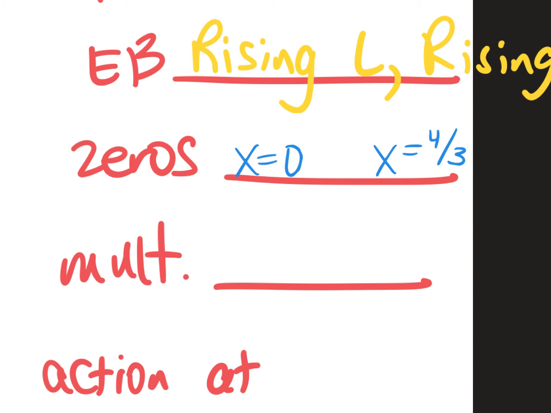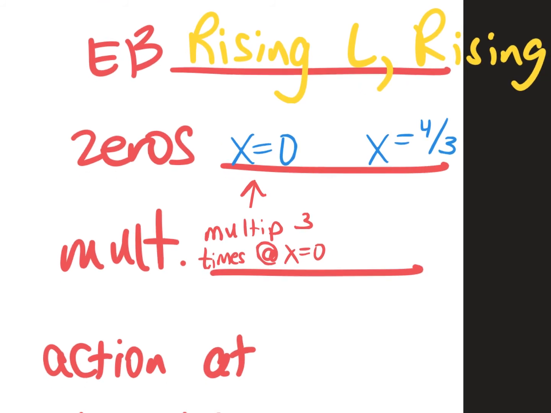Yeah, you do. You have multiplicity how many times? 3 times where? At x equals 0. That's how you guys would answer that question. You tell me 3 times, 2 times, 8 times, whatever, and where. Do I have multiplicity at x equals 4/3? No, I only have it once.